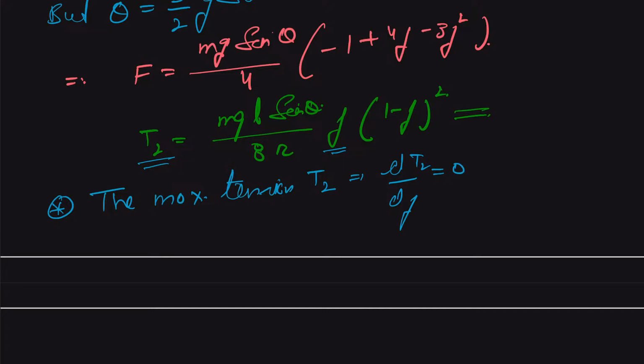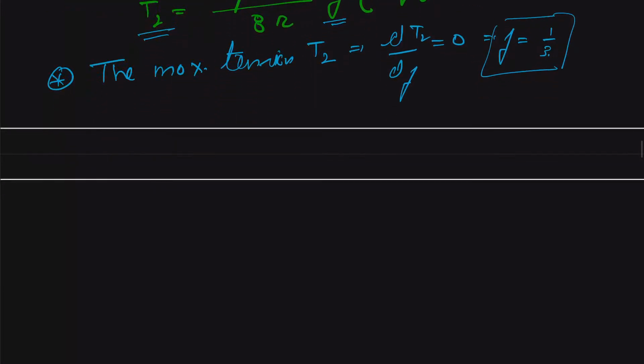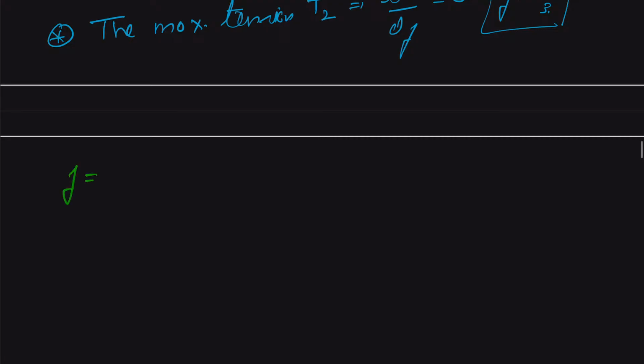From here we can say that f will be equal to 1 by 3. So this is our value of f, and we know that f is nothing but h upon L. So h upon L is equal to 1 by 3, or h should be equal to L by 3.